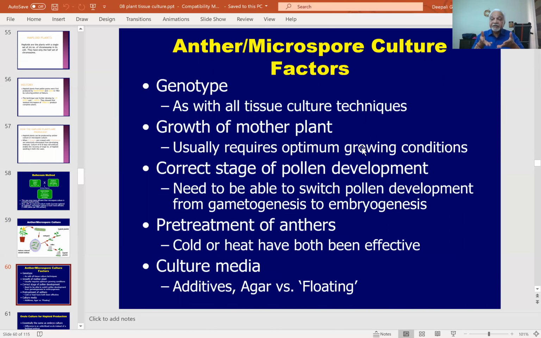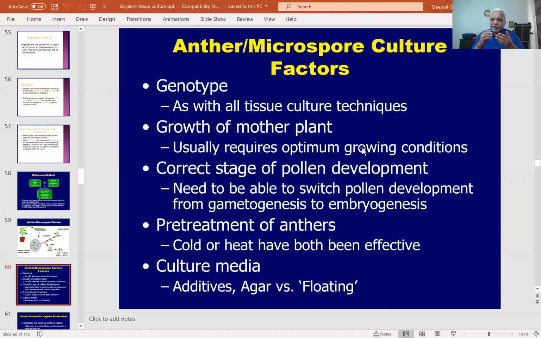Then the correct stage of development at which you are picking up the anther. That is a very, very important factor for anther culture, that you should pick up the anther at the right stage of development. These things need to be optimized, to find out what is the right stage.